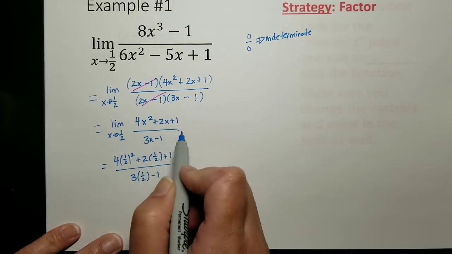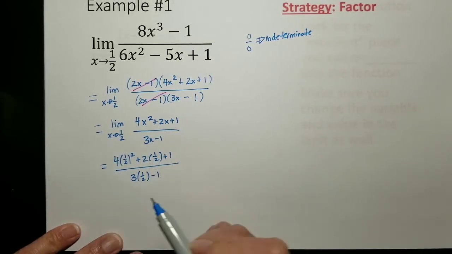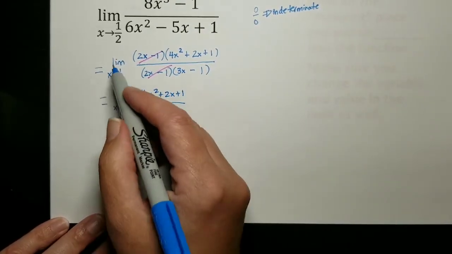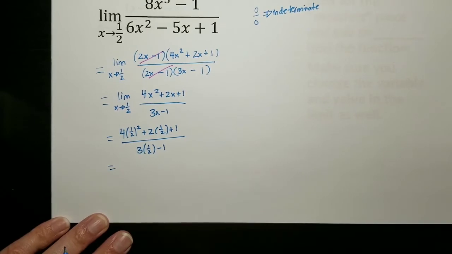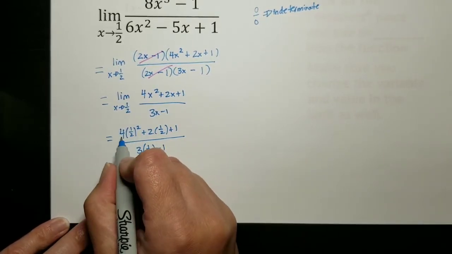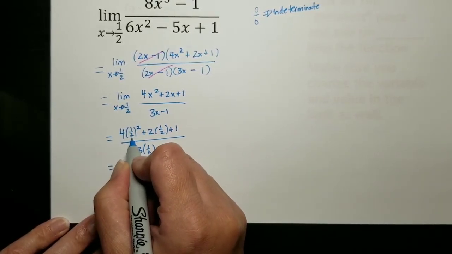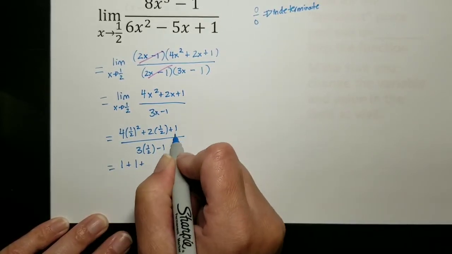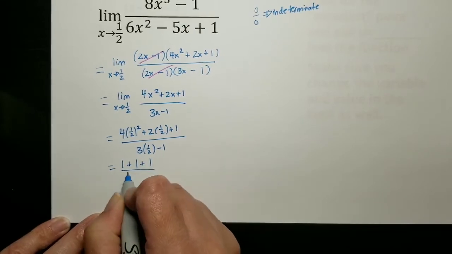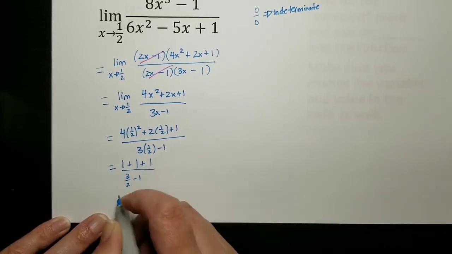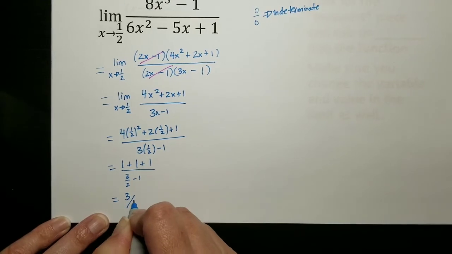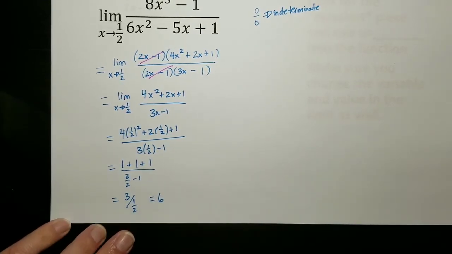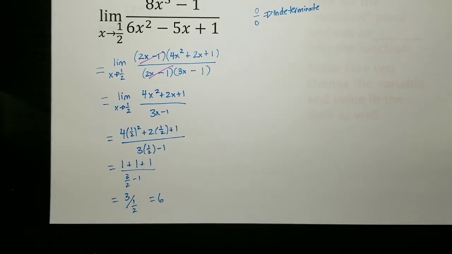I was still evaluating this as a limit, but now I'm at the point where I've substituted in, so I drop that limit notation, but you have to keep it until that step where you sub in. So 4 times 1/2 squared, 1/2 squared is 1/4, times 4 is just 1, 2 times 1/2 is 1, and then 1. Over here we get 3 over 2 minus 1. So we get 3 over 1/2, which is 6. So I'm able to evaluate that limit just by factoring first.